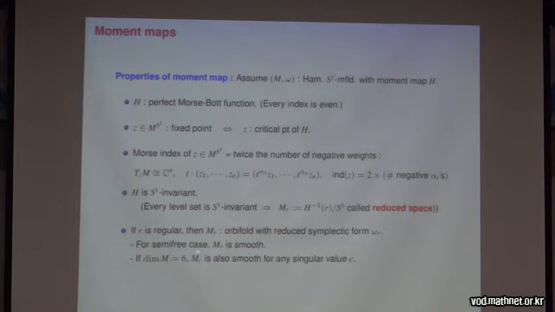And if you assume that the action is semi-free, then every orbit is free so that the quotient is smooth. And the last one is important in this talk. If the dimension is 6, then even though the level set is singular, the quotient is smooth. So this is the particular feature of semi-free actions on 6-dimensional manifolds.